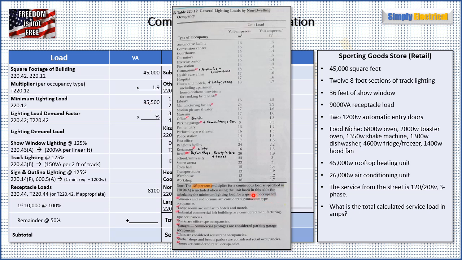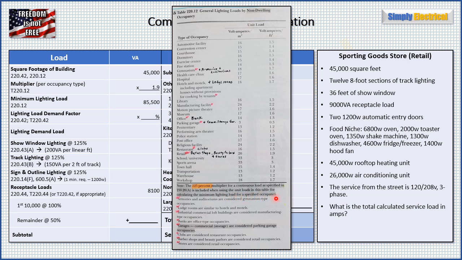Now if you look down here, there is a note underneath this table that says the 125% multiplier for a continuous load as specified in 210.20(A) is included when using the unit loads in this table for calculating the minimum lighting load for a specified occupancy.